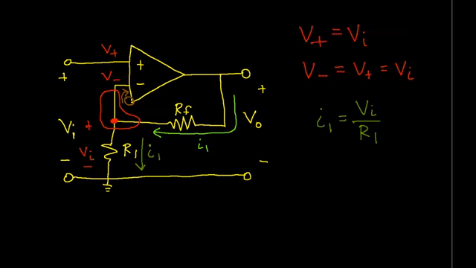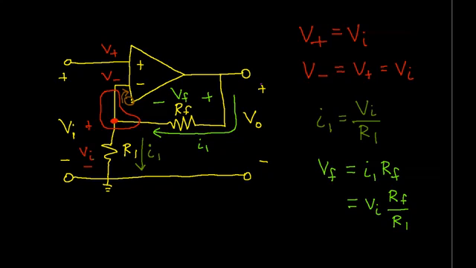Okay, so if we know that, then we can compute the voltage across RF. So let's call this VF. This is equal to I1 times RF. We know what I1 is, so we can write this as VI times RF over R1. Okay, so we're almost done.